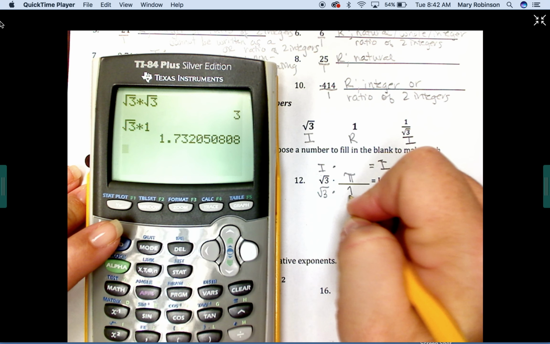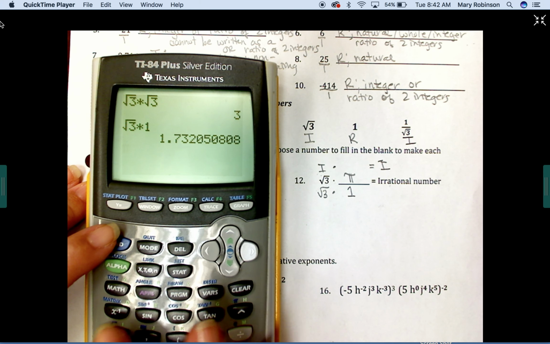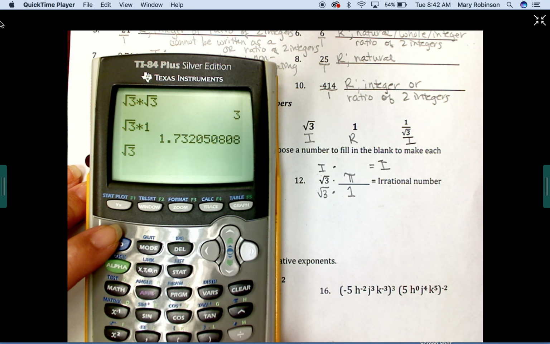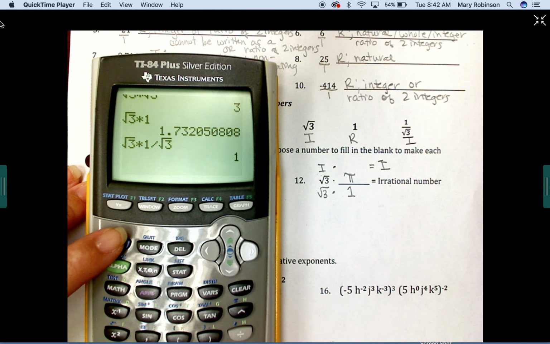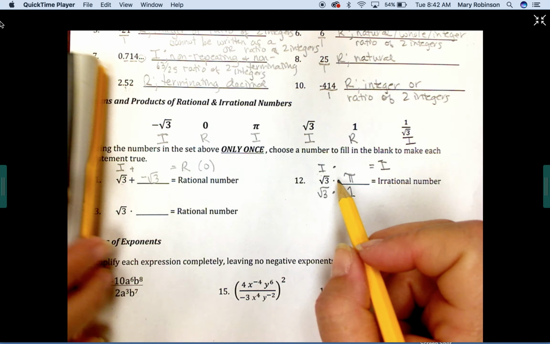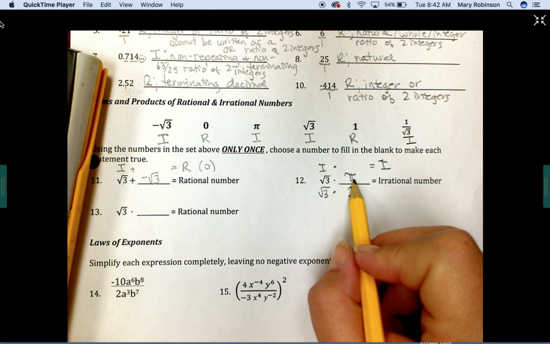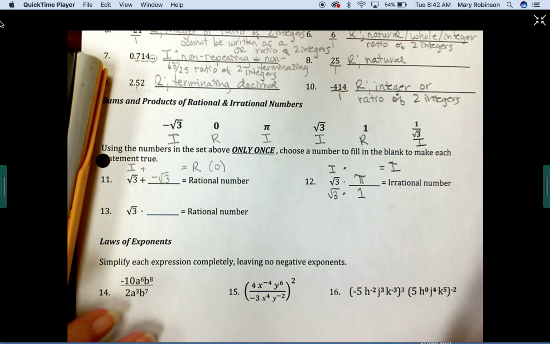So you could have chosen 1. If we did the square root of 3 times 1 over the square root of 3, that would equal 1, so we also could not choose that. So the only possibilities we have are the square root of 3 times pi or the square root of 3 times 1. So you could have chosen either of these answers to make that true.